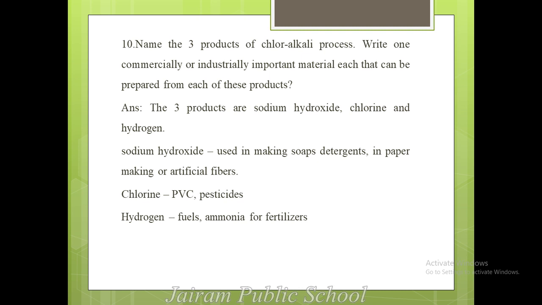You have to write that, and draw a clear diagram to explain the above equations and explanation. And here is the next question.